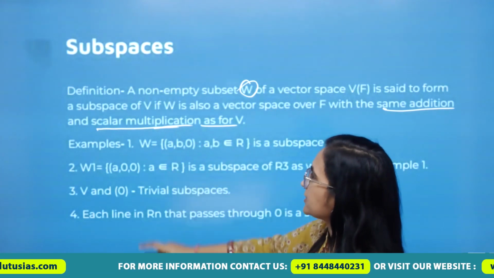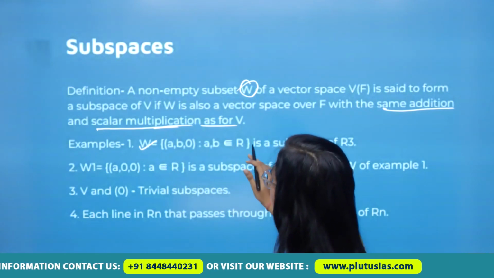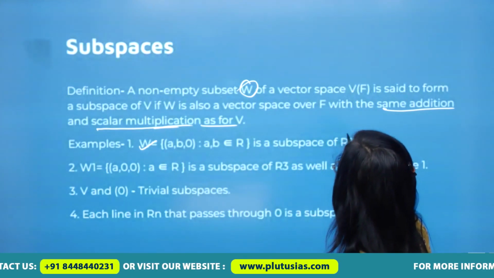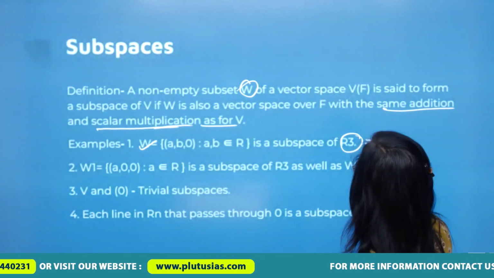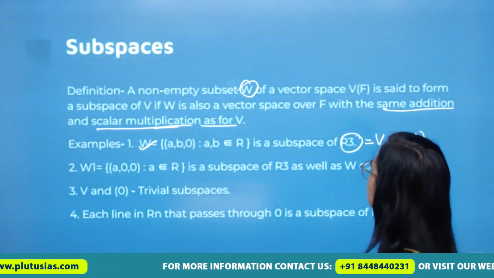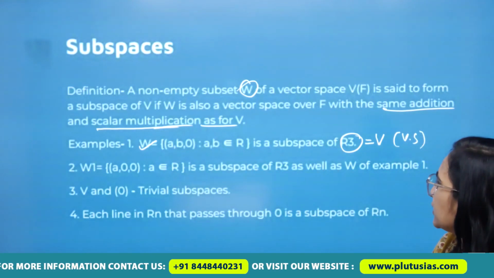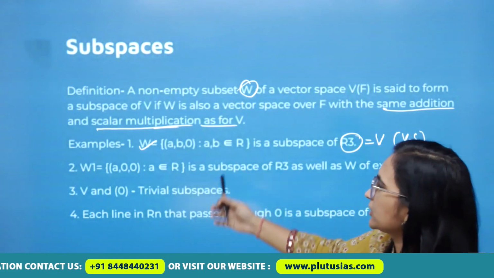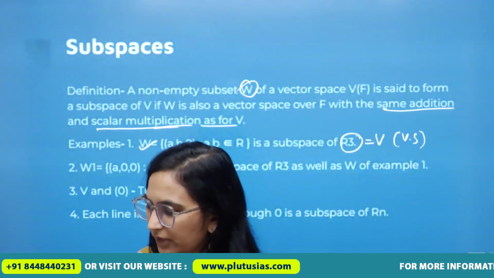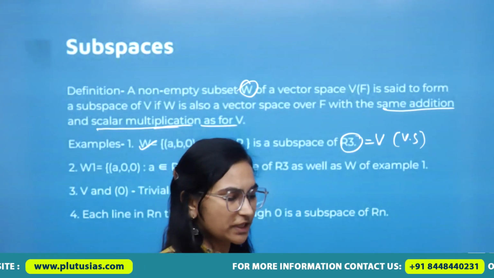What are the examples of subspaces? Consider W is equal to (A, B, C), and V is our vector space, not subspace. If V is R3, a vector space, then we have to prove that W is a subspace of V. And what do we need to prove for this? We need to prove that W satisfies all the properties of being a vector space.